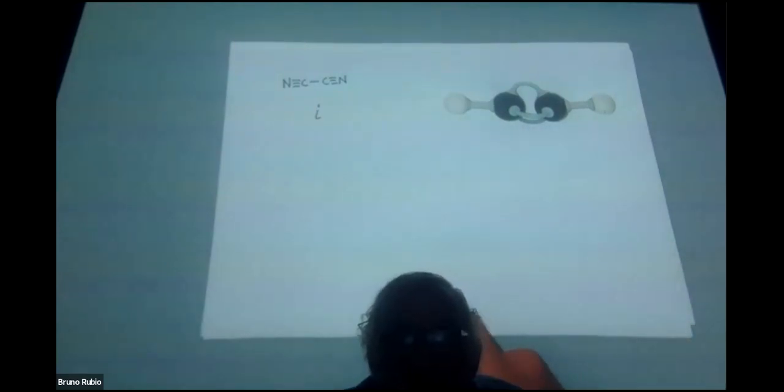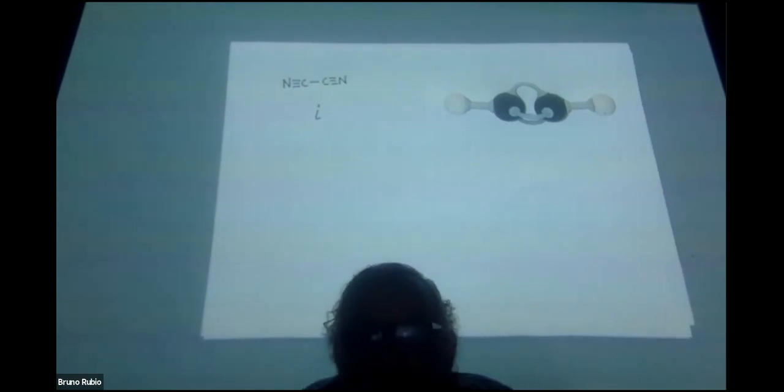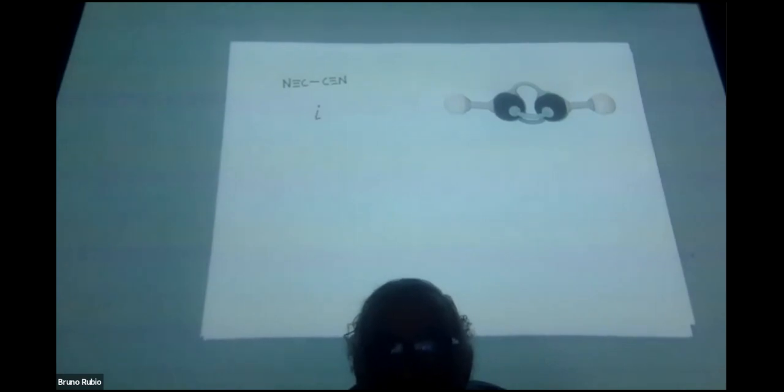What about planes of symmetry? So how many planes of symmetry in cyanogen? Maybe here you could tell me in the chat. How many planes of symmetry? 2, 3, oh, more than that.